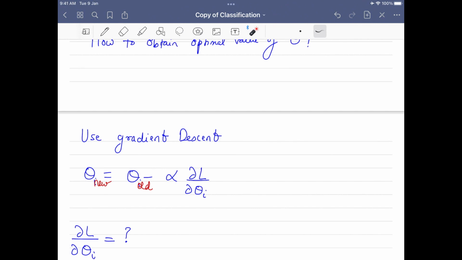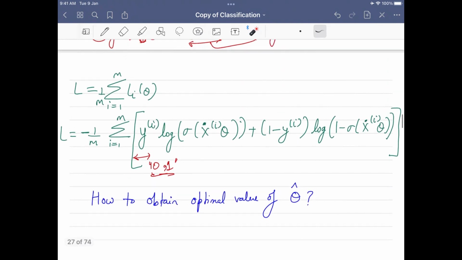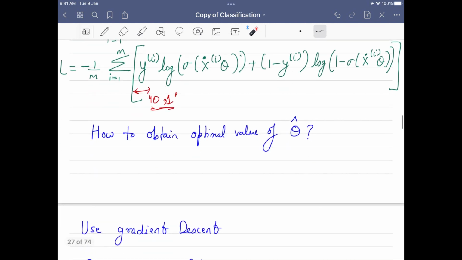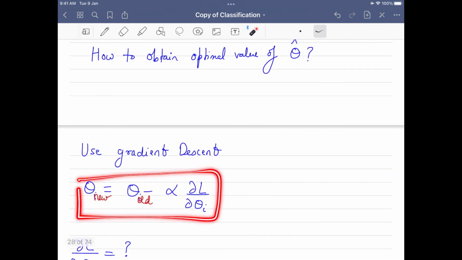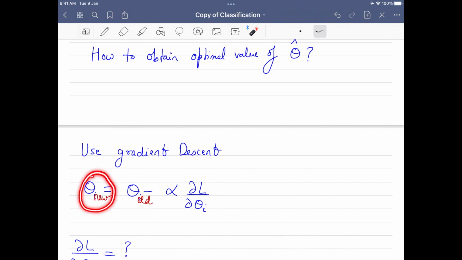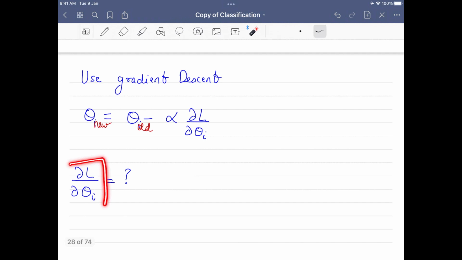The important part is how to define this loss function, which we have already defined here. So now you have to take the derivative of the loss with respect to these theta parameters and plug it into this equation to get the equation for parameter updates using gradient descent. So this is the derivative of the loss with respect to theta_i, which we have to calculate.